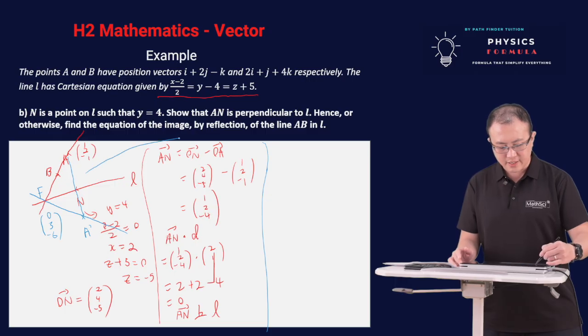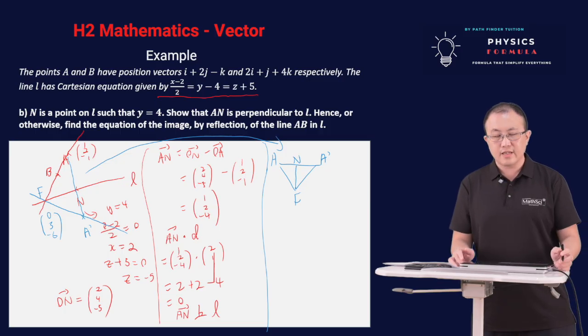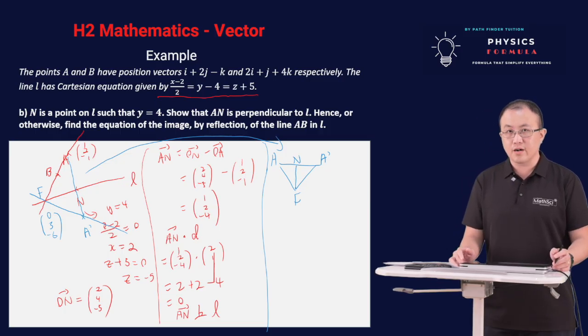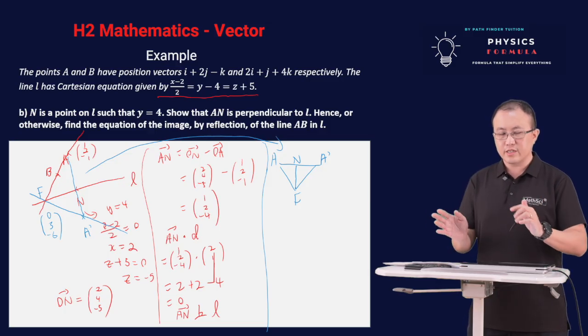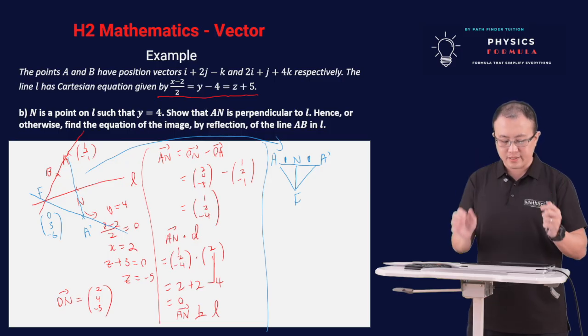I'm going to copy this here. By ratio theorem, it looks something like that. This is point F, this is point A, this is A prime, and if I draw a line here, this is N. N is the foot of the perpendicular, and because it is a mirror image, this will be 1 unit, this will be 1 unit, the length will be the same.